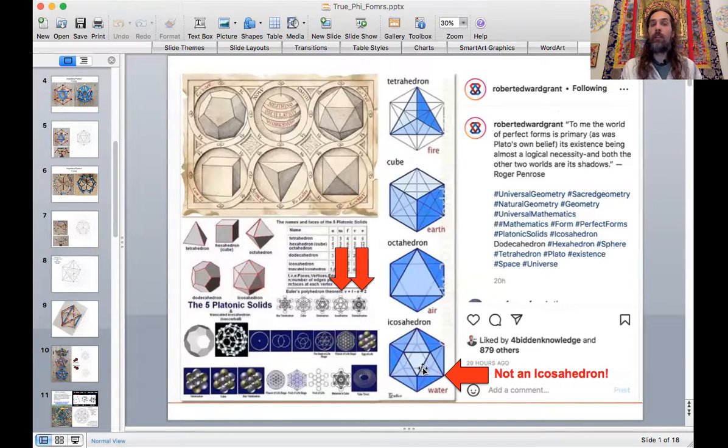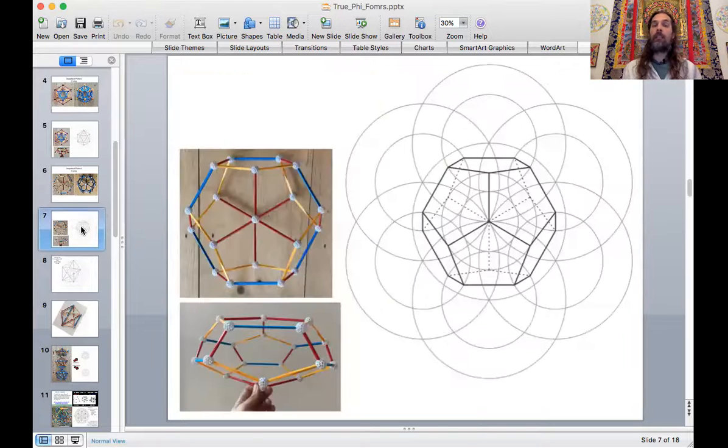All this will do is build octahedrons, tetrahedrons or hexahedrons. That's all about three Platonic solids, where the other two, the phi forms, dodecahedron and icosahedron, are not being presented there.